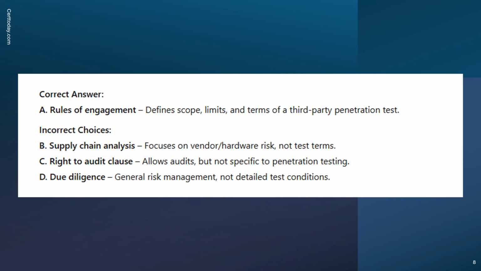C is incorrect because the right to audit clause allows audits, but is not specific to penetration testing. And D is incorrect because due diligence is a general risk management concept, and it's not detailed test conditions like in this case.